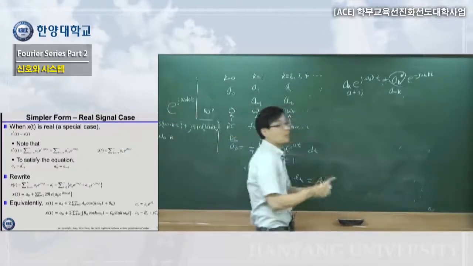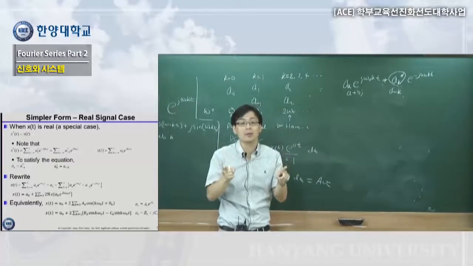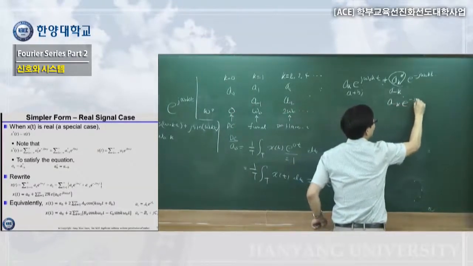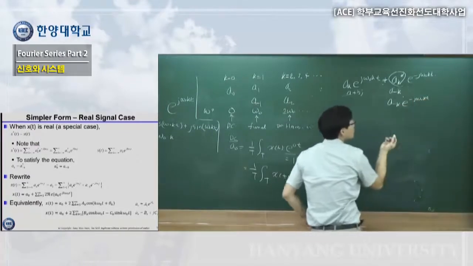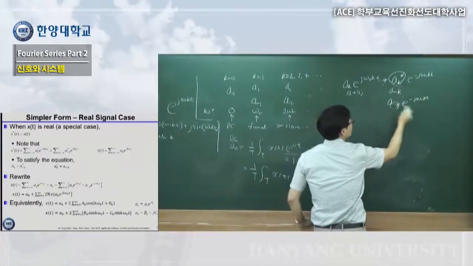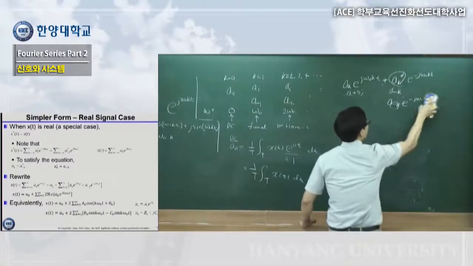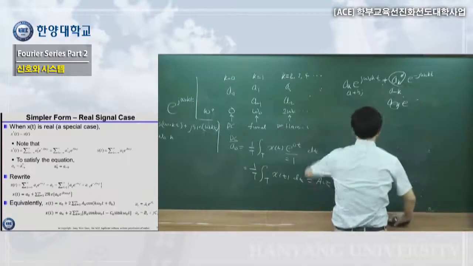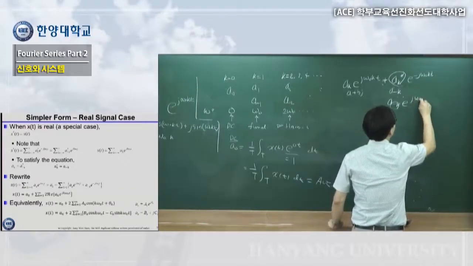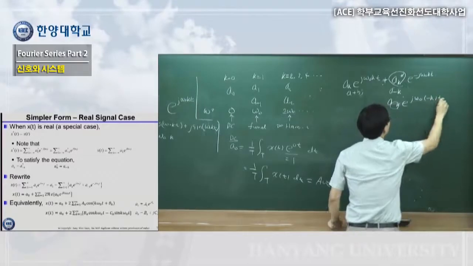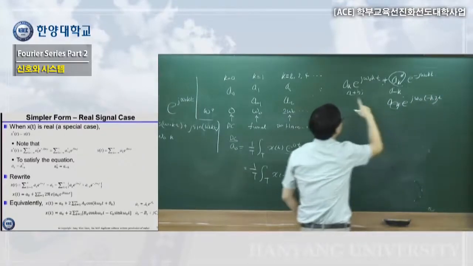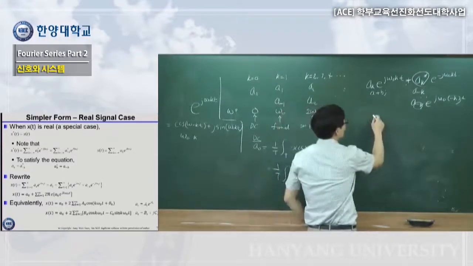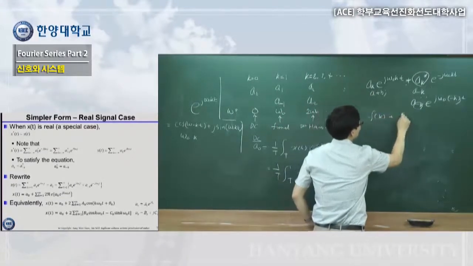So now we can pair them. Because this one, which is a minus k e^(minus j omega kt), can be considered the same if we put minus k instead of k, right? So we can consider them as a function of k plus a function of minus k.